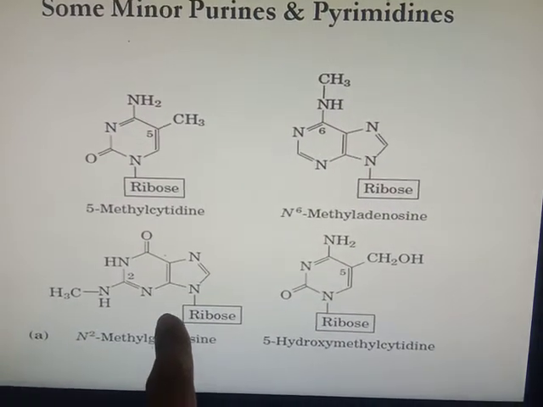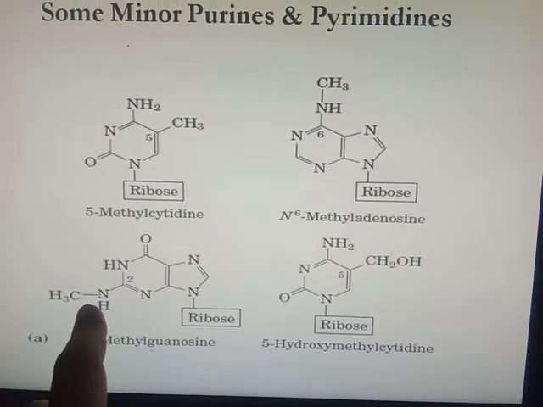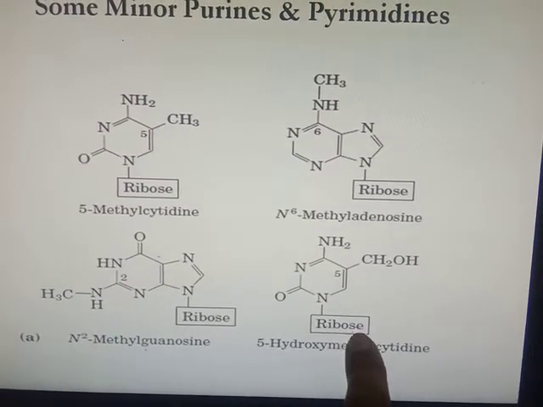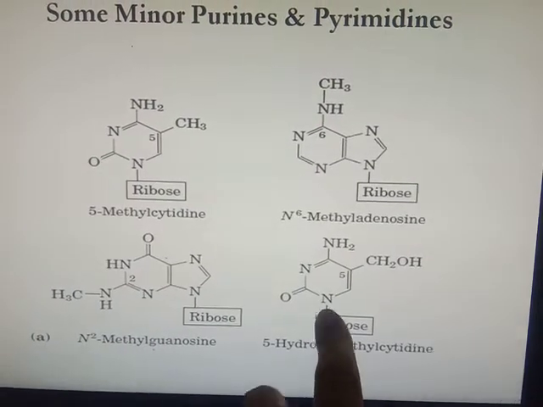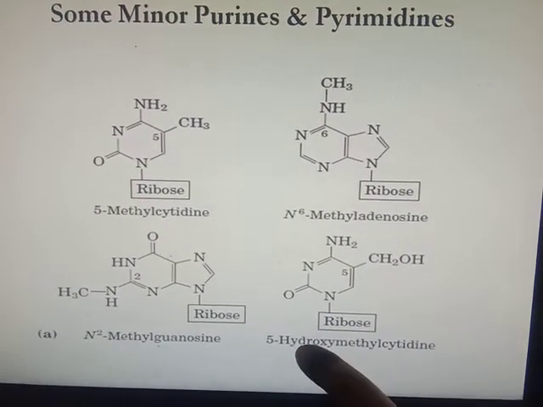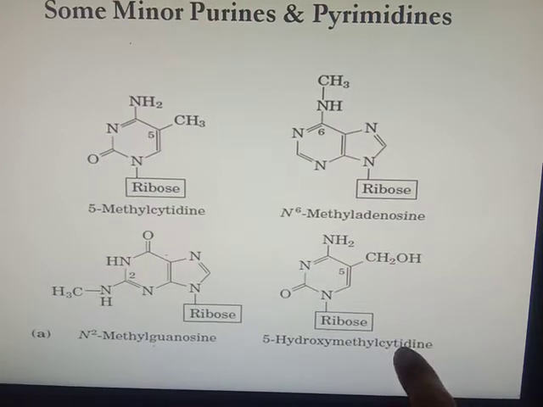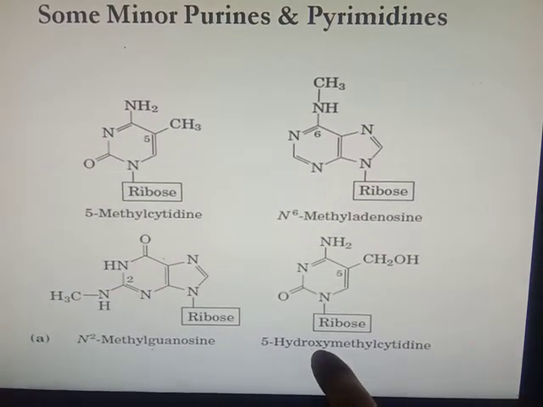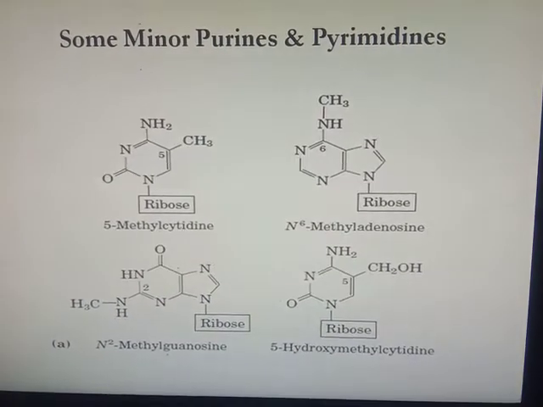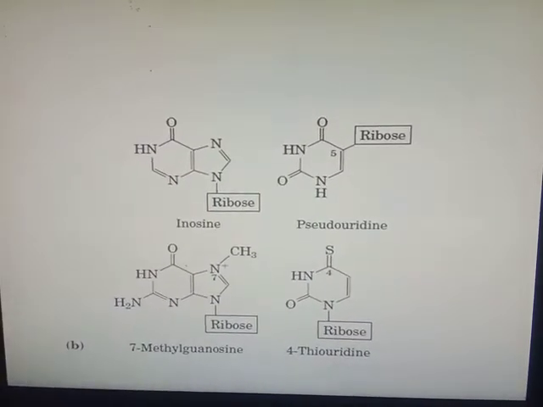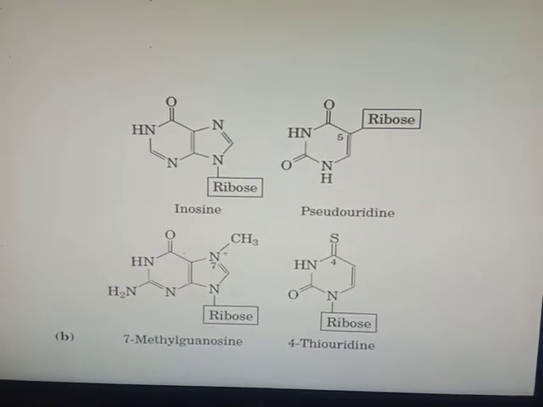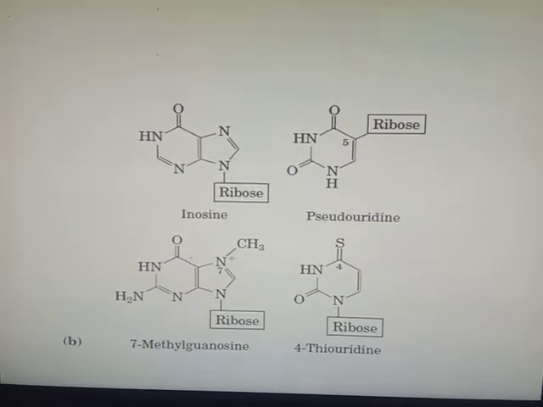In purine, at the 2nd carbon a methyl group is present. Similarly in pyrimidine, for example hydroxymethylcytidine contains a hydroxymethyl group at the 5th carbon. That's why it is called 5-hydroxymethylcytidine. Similarly, inosine, pseudouridine, 7-methylguanosine and 4-thiouridine.